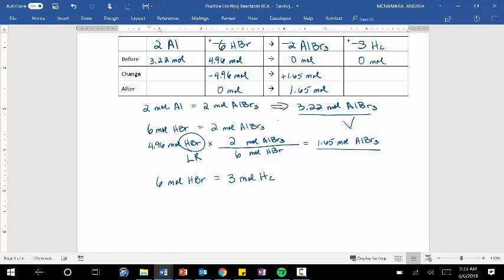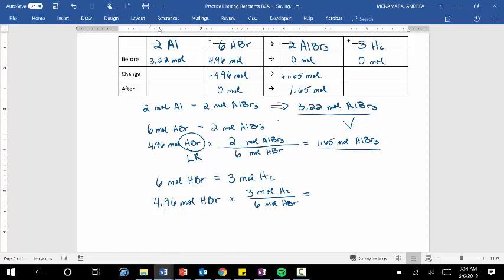It forms the mole ratio that I need to use. So I know that I'm starting with 4.96 moles of hydrogen bromide. Using my mole ratio, I'm going to make 3 moles of hydrogen for every 6 moles of hydrogen bromide that I have.